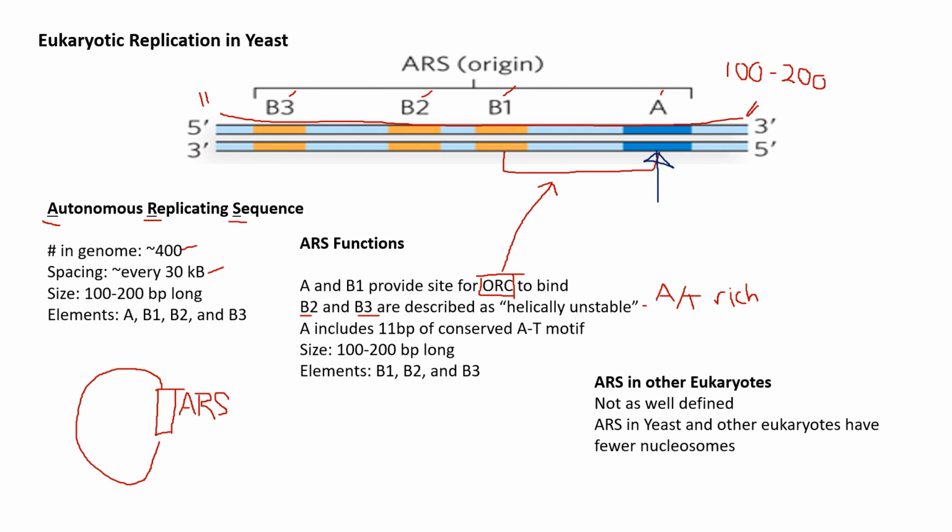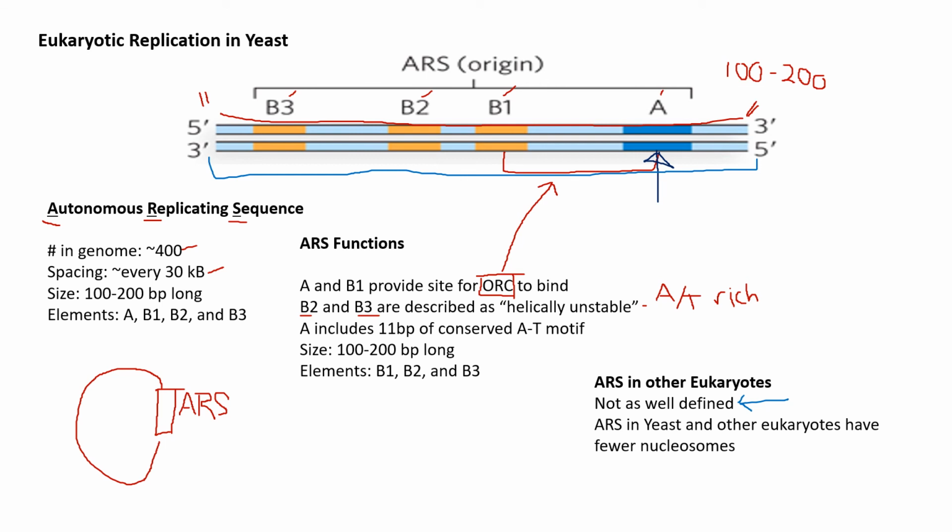In other eukaryotes, there are lots of ARSes, and their sequences are a little bit more complex. They're not necessarily only 100 to 200 nucleotides long, so their sequences aren't as well defined. They tend to be larger. There's a lot more regulation that needs to go on in other eukaryotes because there's different types of coordination between transcription and different cell types that needs to happen.